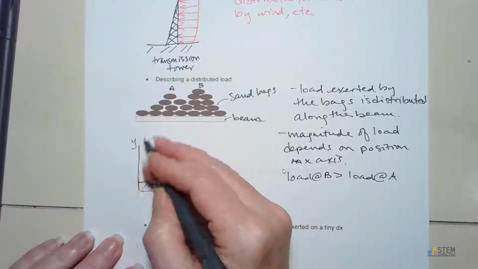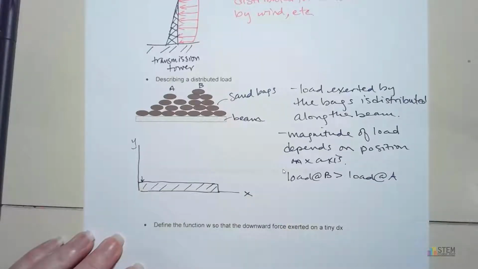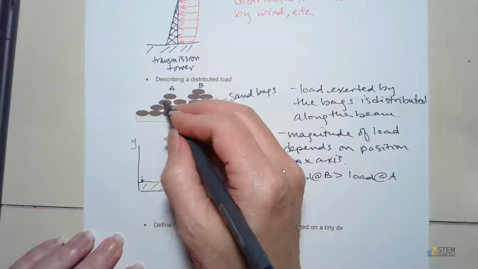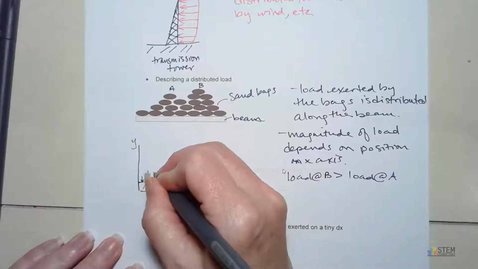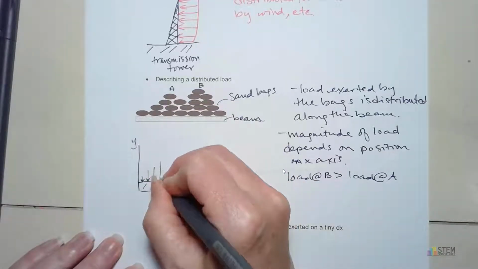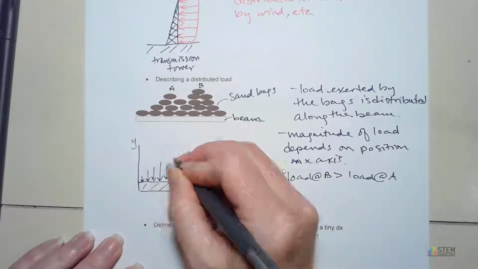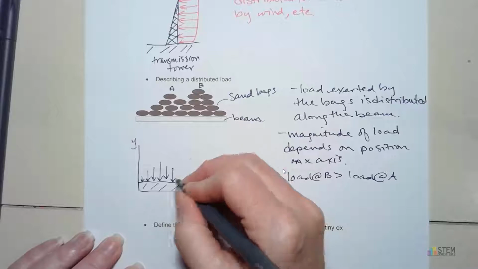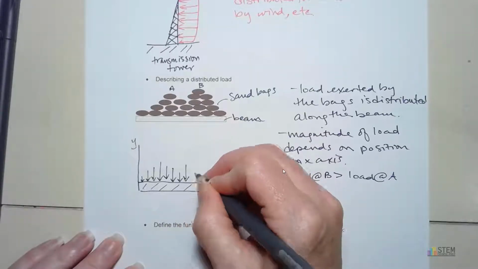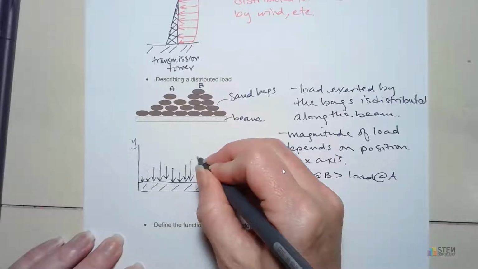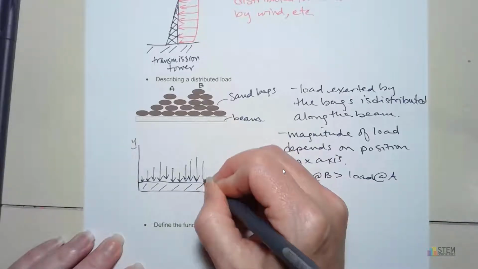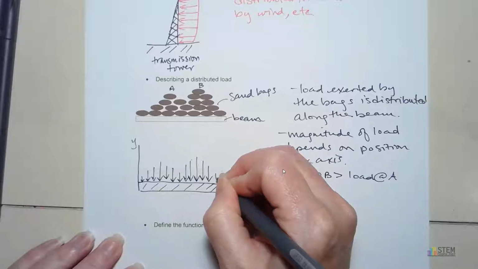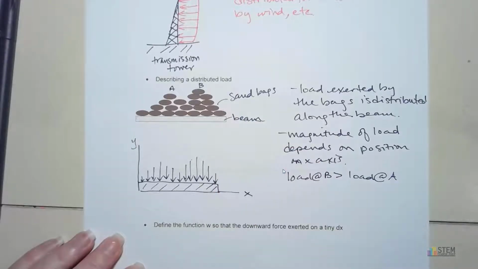So over here we only have one bag, so we're going to have a small load. And then as we increase the number of bags, it's going to go up. And then as the number of bags decreases, the loading will decrease. Something like this. All right.